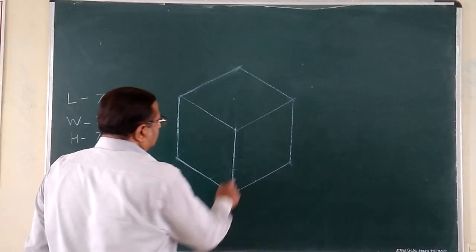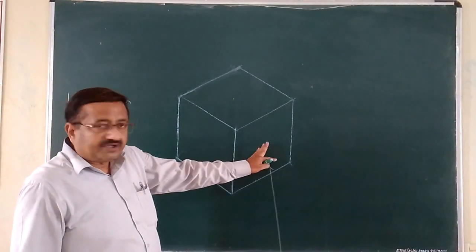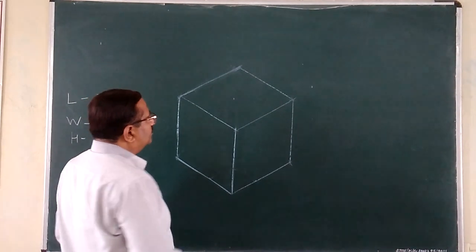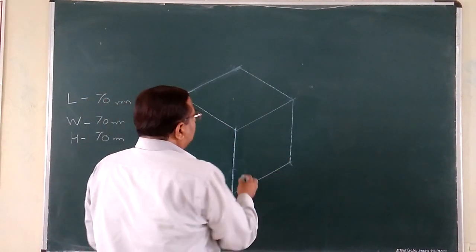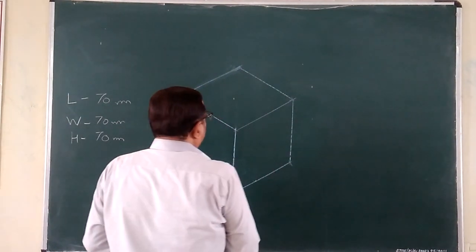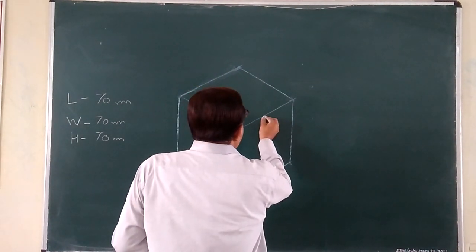Now we will finish the ellipse here on this surface. What you have to do is just locate the midpoint of all the sides of the rhombus. Locate the midpoint of sides of the rhombus.